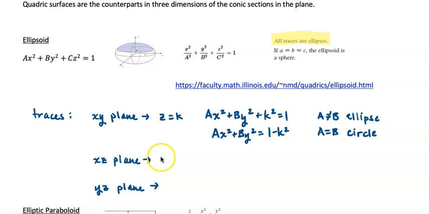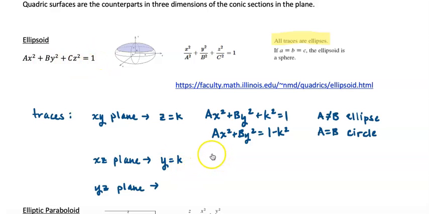On the xz plane, our y value is going to be some k. And let's just pull that over to the other side. We know we're going to plug this k in for y, and so we're going to take this 1 minus that k squared.